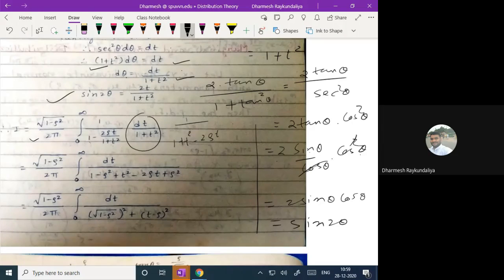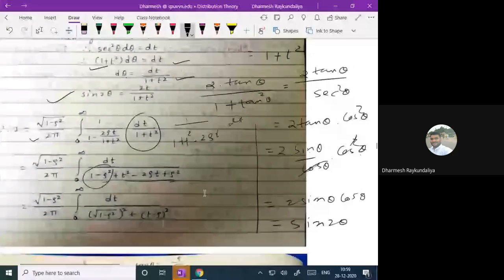Now I will add and subtract rho square. So what I get is 1 minus rho square plus t square minus 2 rho t plus rho square. Now I write this as root 1 minus rho square whole square, plus t minus rho whole square.